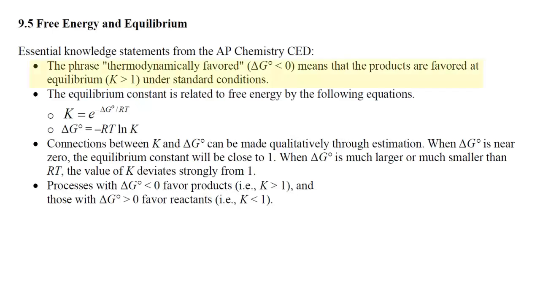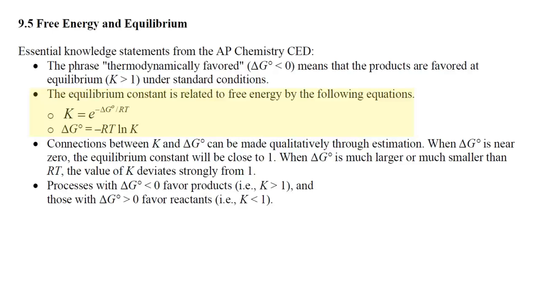The phrase thermodynamically favored, in which the value of delta G is negative or less than 0, means that the products are favored at equilibrium, in which the equilibrium constant, which is symbolized by capital K, is greater than 1 under standard conditions. And the equilibrium constant, K, is related to free energy, delta G, by the following equations.